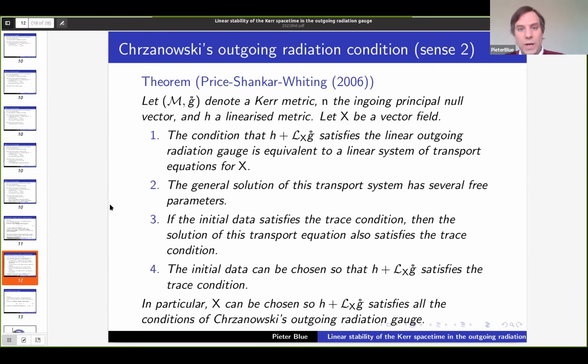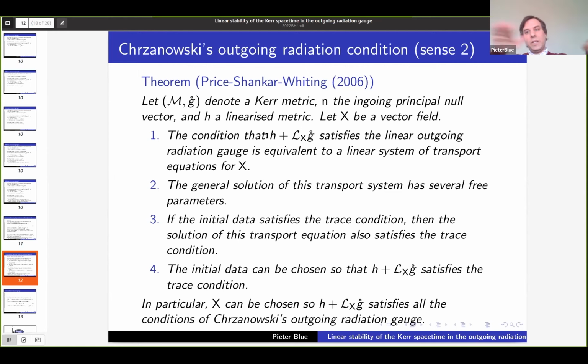What Price, Shankar, and Whiting did was introduce a vector field, so that if you have a linear metric h, you can construct a new linearized metric h plus the Lie derivative. When they investigated this, they found that the condition that the new metric satisfies the linear outgoing radiation gauge is equivalent to a system of linear transport equations for the vector field x. So you can solve that in terms of several free variables.